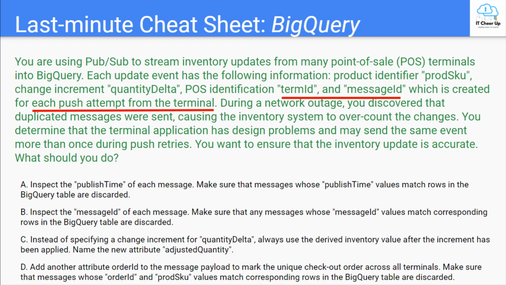Answer B is wrong because the messenger ID is created for each push attempt from each term ID, so the messenger ID itself cannot be used as a unique key. Answer C is wrong because the inventory update depends on product checkout. So the correct answer is D, to add another column, order ID, for the product checkout.